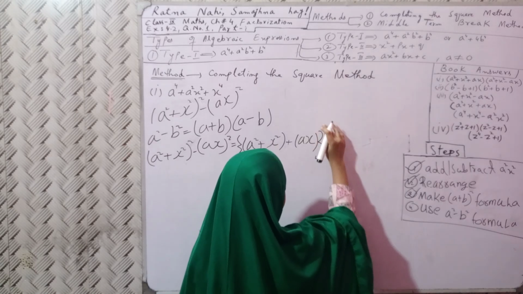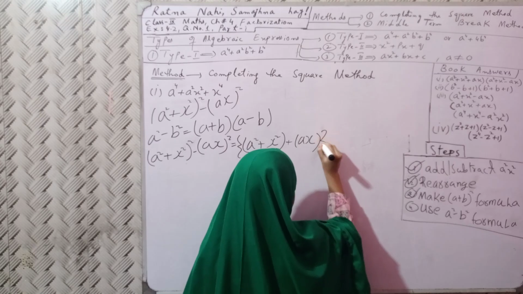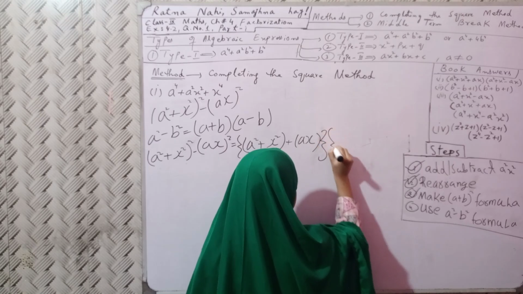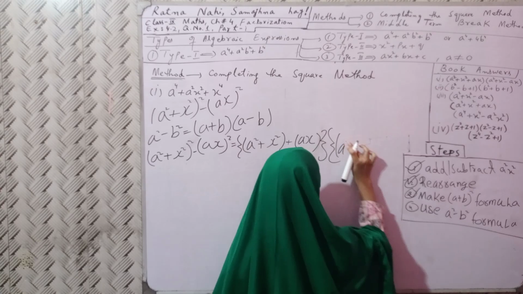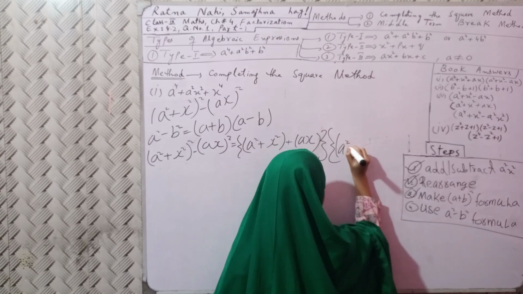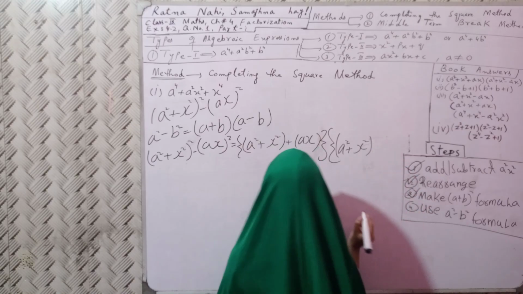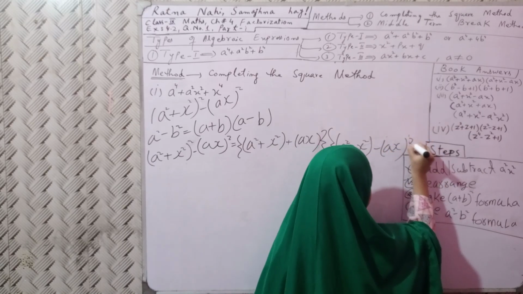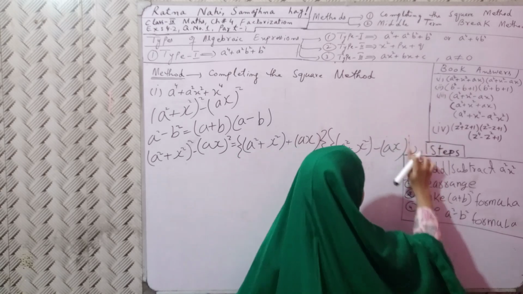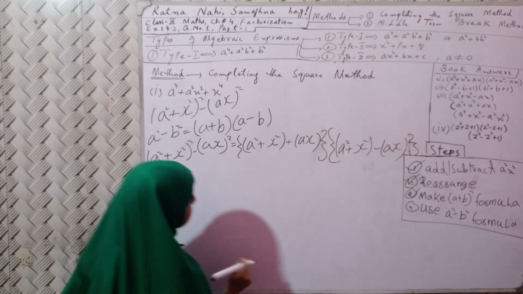Then curly bracket a square plus x square bracket minus bracket ax bracket curly bracket.